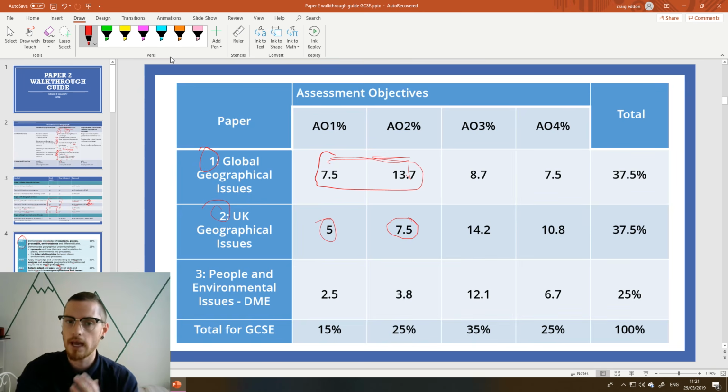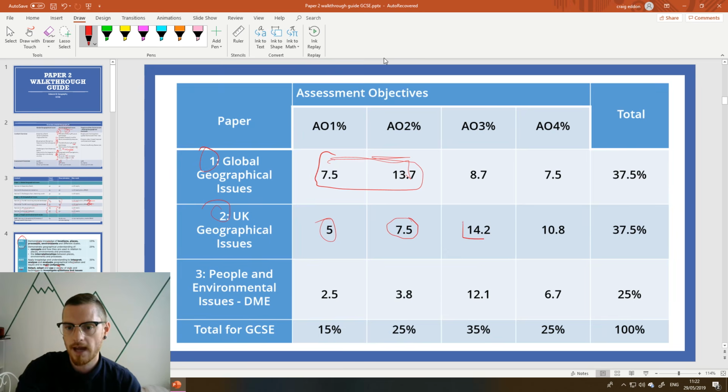Okay, so my point here is paper 1 was much more about just you stating your knowledge, and there was much more case study presence in paper 1. Paper 2 is about the application of your knowledge, not just knowing case study knowledge or putting your knowledge on paper, it's applying it to resources.